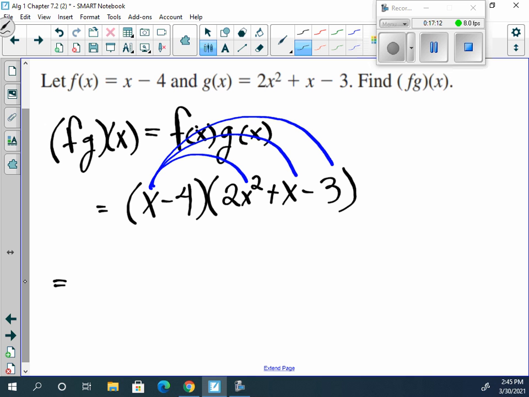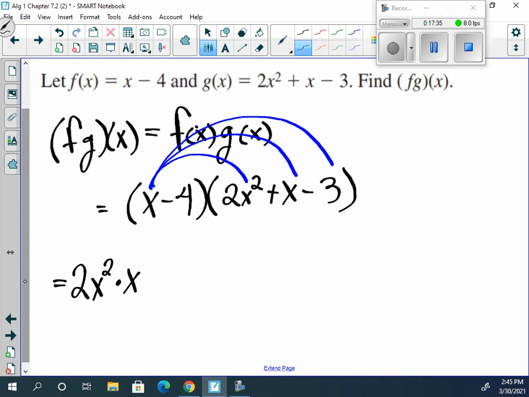So we have x times 2x squared. Let's just go on, we'll write it down. 2x squared times x would be our first one, because we're multiplying those together. And they're positive, so we wouldn't put a sign in front of it since it's first.